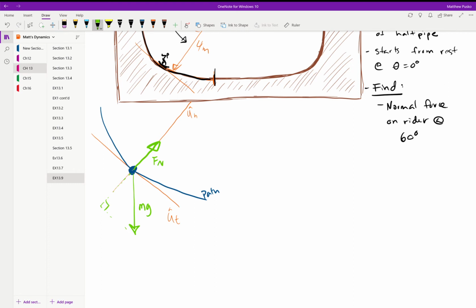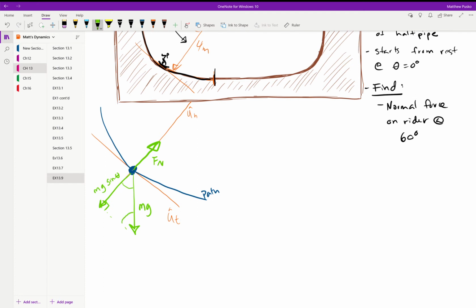So now we have a right triangle. We can say this component of the weight is mg. This is going to be sine theta, and I'll show you why. Because theta equals 60 and this is not this angle.